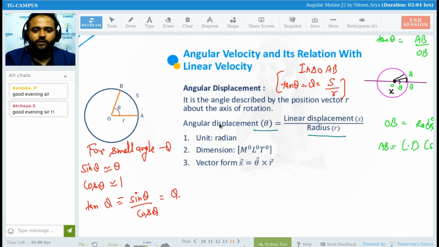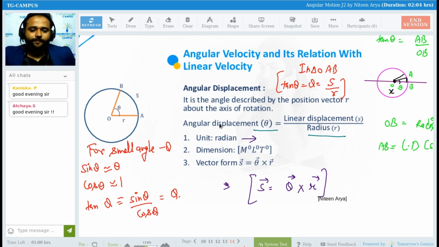The important thing is the unit. The unit is radian. Dimension, obviously, m0, l0, t0. In vector form, S is theta cross R. S, the linear displacement, is nothing but angular displacement theta into R. Clear?